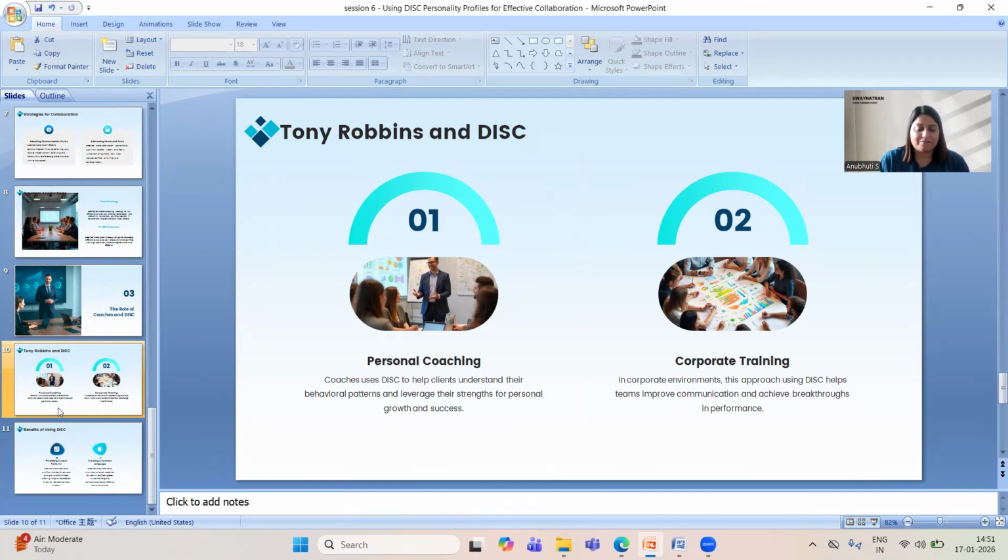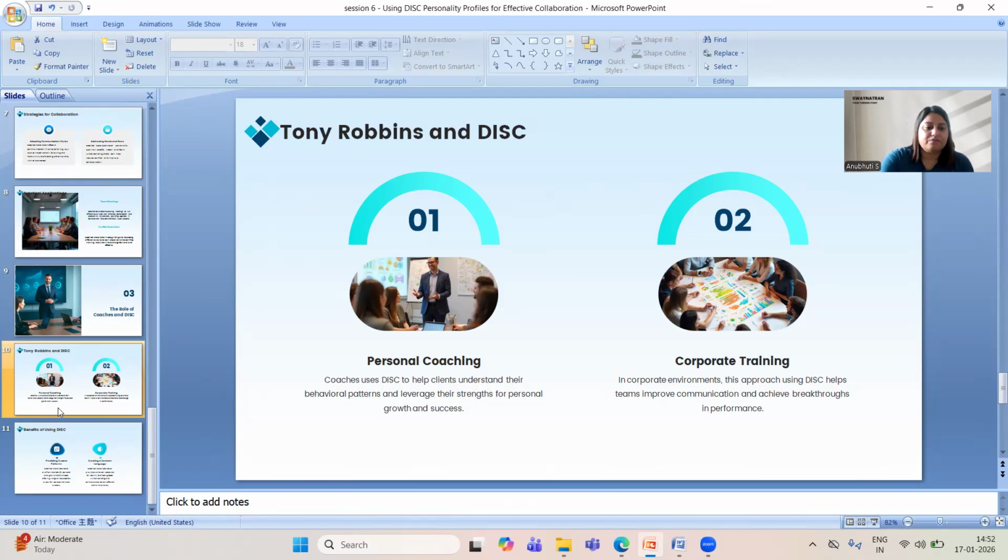When you go to the website of Tony Robbins, you can see how they have created a test. You can try that test as well, and you will get your result, what kind of personality is dominant in you. And then in corporate environments, this approach using DISC helps teams to improve communication and achieve breakthroughs in performance.